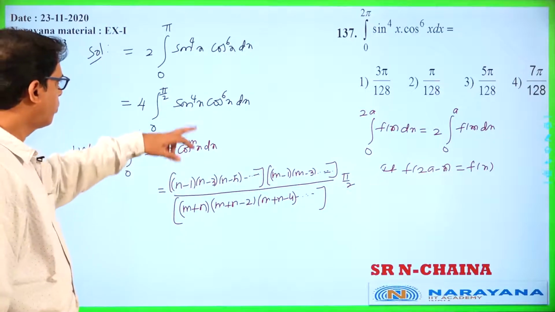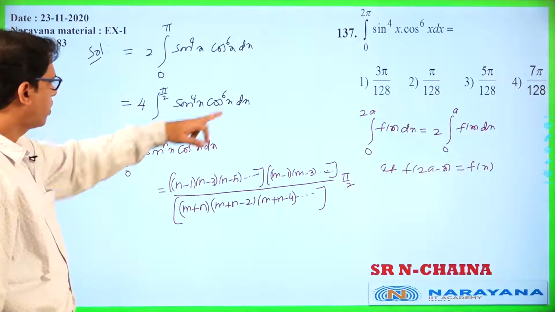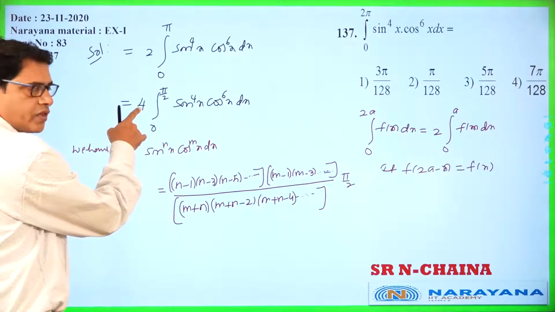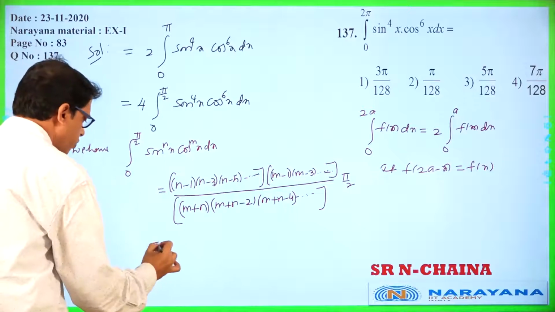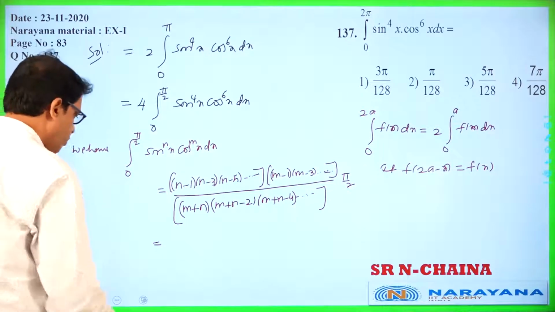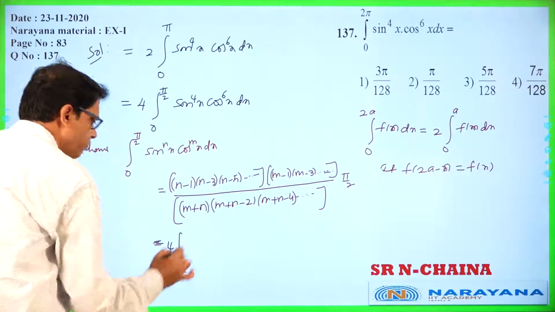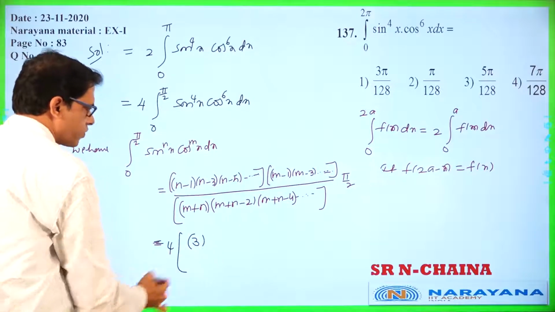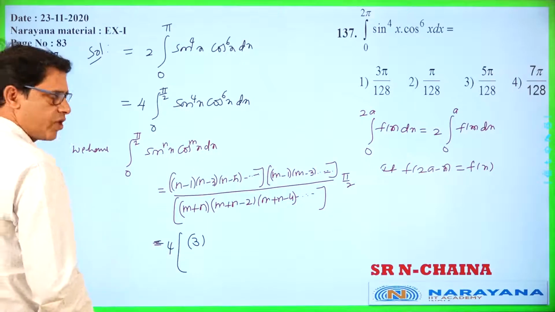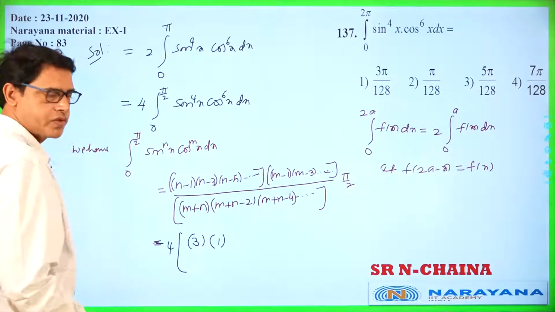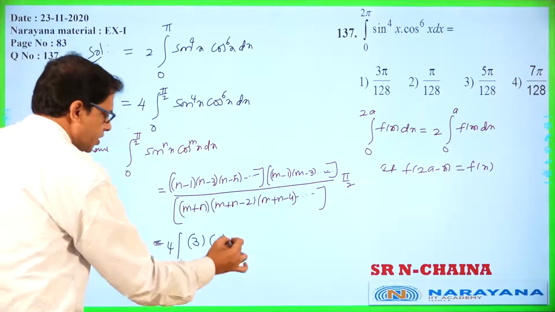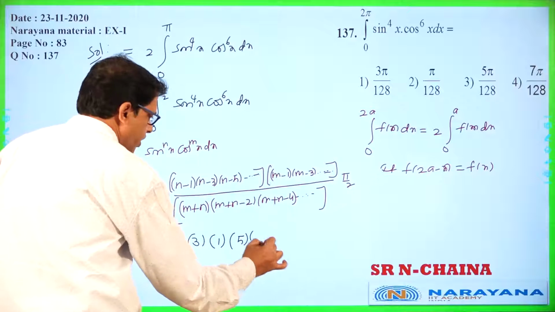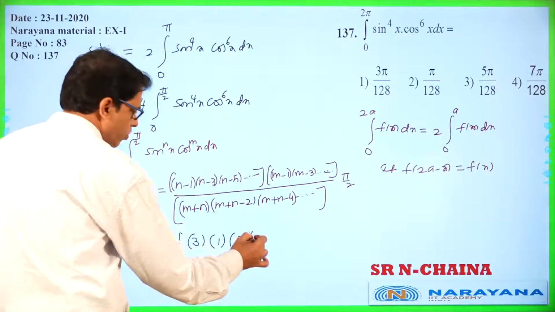Now apply. The n value is 4, m and n, no issue. That implies 4 into, applying the formula: first numerator, n value 4 minus 1, 3. Then again 3 minus 2, 1. Then m value 6 minus 1, 5, then decreasing by 2, so 5 minus 2, 3.